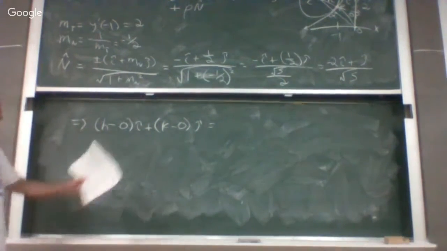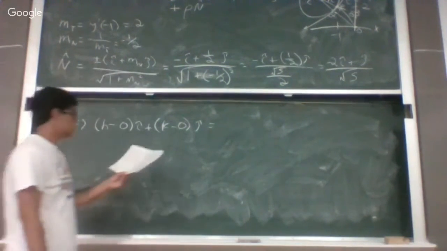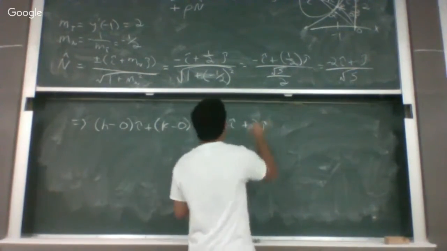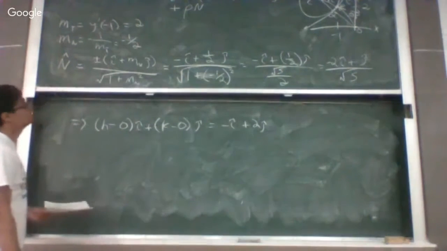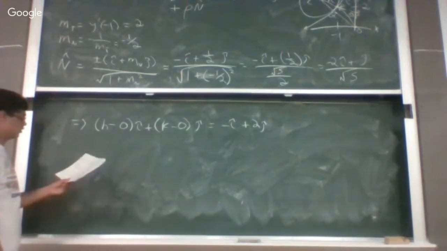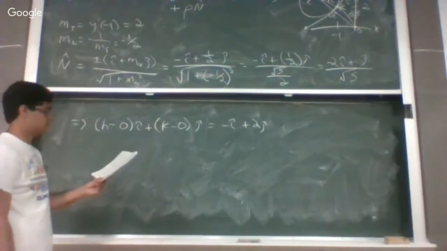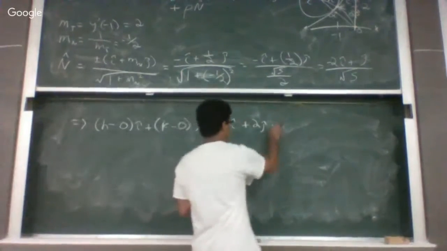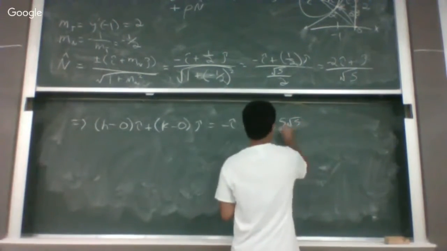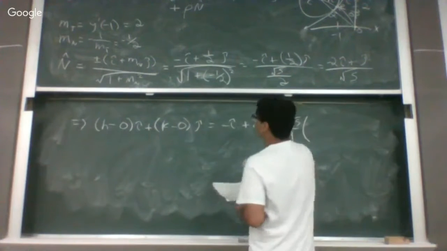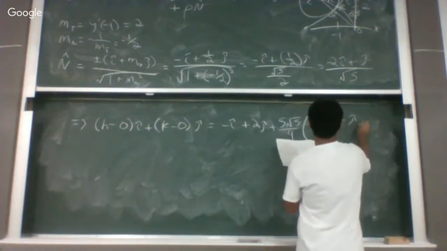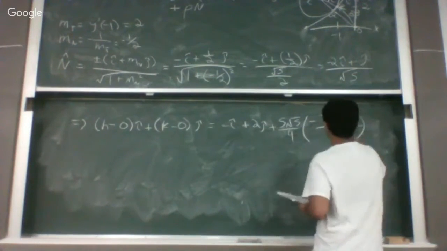That's equal to, simplifying the vector OP, we have minus i plus 2j plus now rho times that n vector. Rho was 5 square root of 5 over 4. So plus 5 square root of 5 over 4 times what we found for n, which is -2i plus j divided by square root of 5.